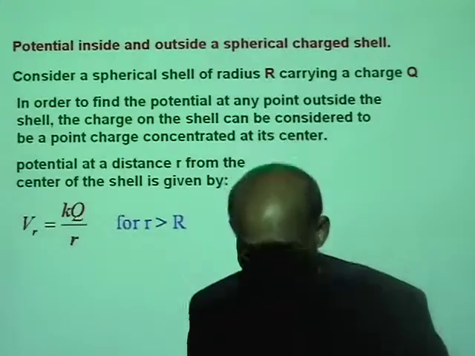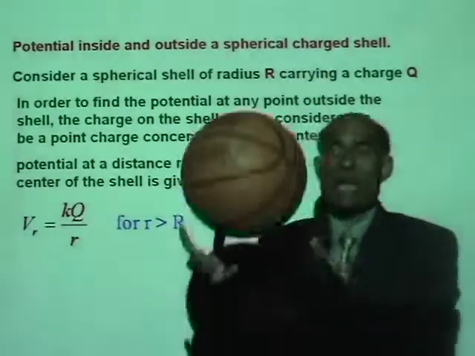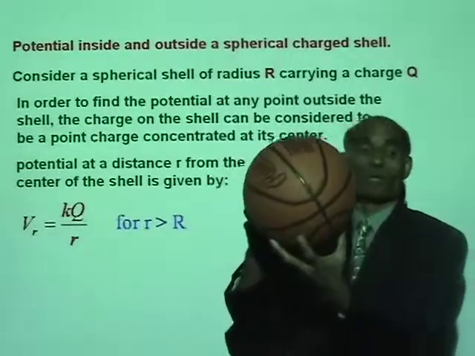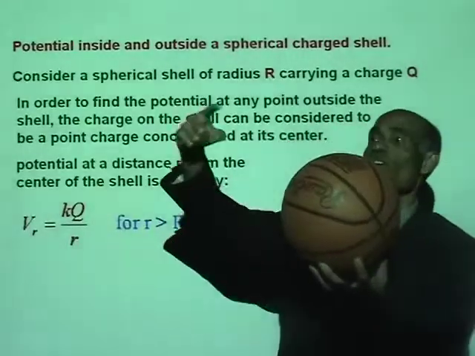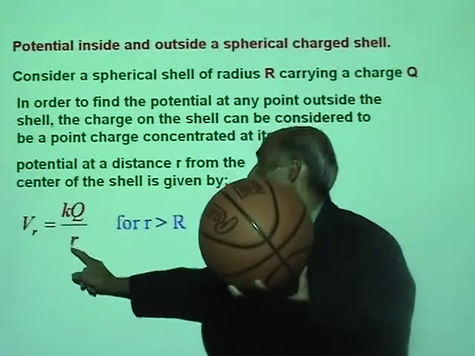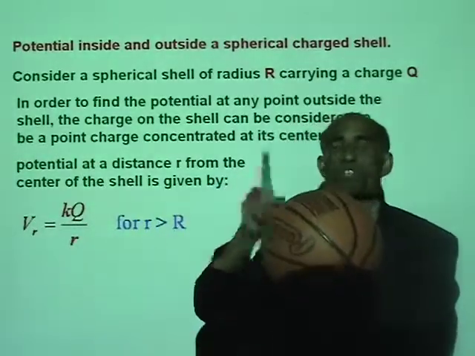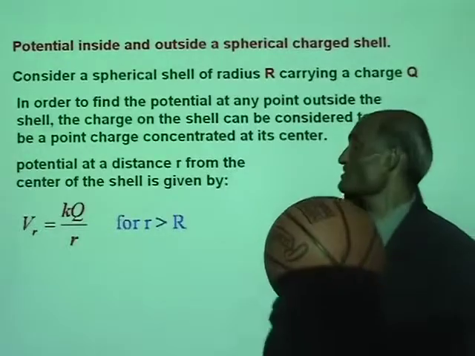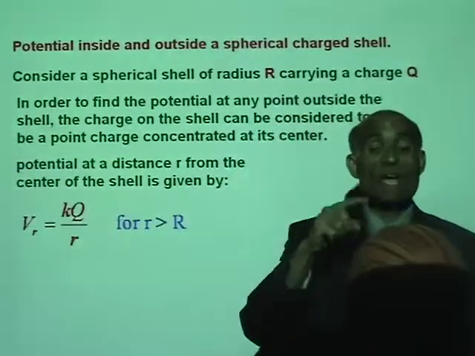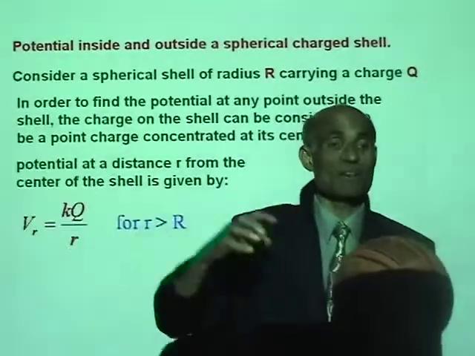That means if you have a shell which carries a charge Q, the potential at any point outside that shell will be KQ over r, where r is the distance of that point from the center of the shell. Now, this is true only for any point outside the shell.